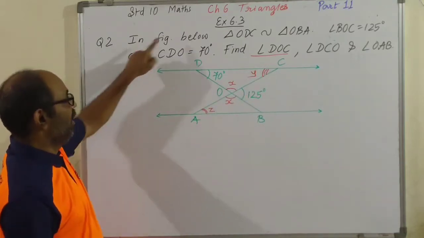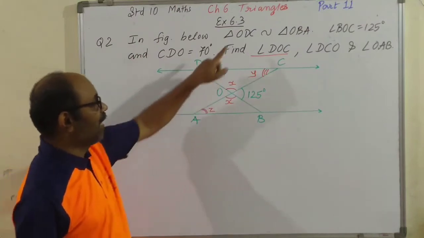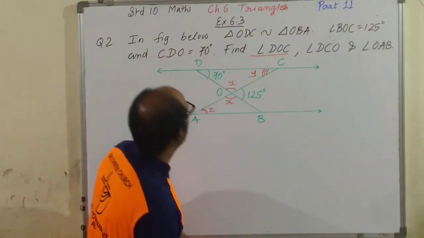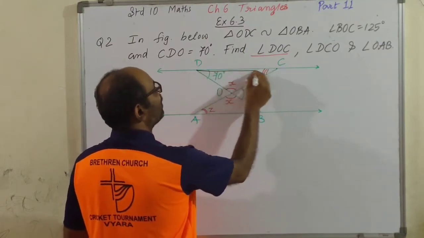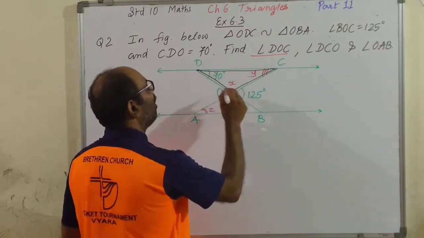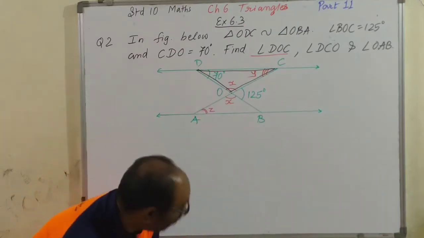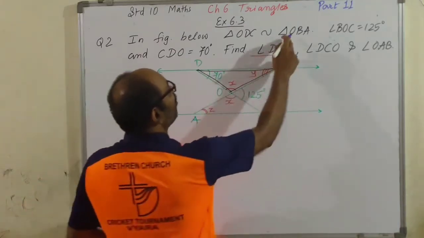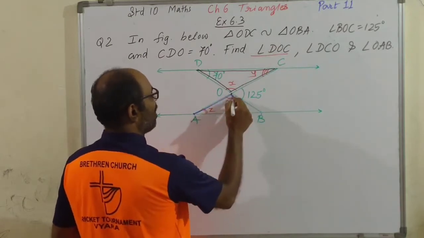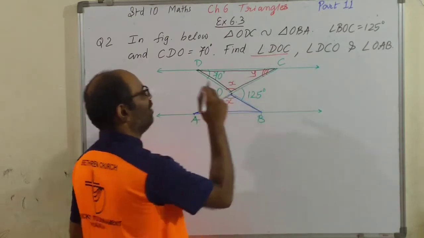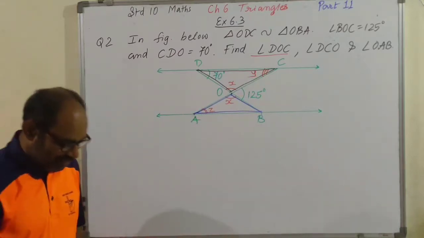Please pay attention. In the figure below, triangle ODC. That means this black triangle. Alright? Is similar to triangle OBA. OBA. This triangle. Black triangle is similar to blue triangle. That is given.